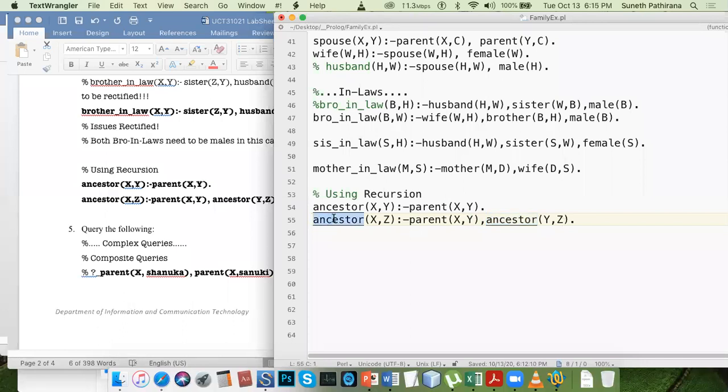You can see this one and this one, the same function but with different input parameters.